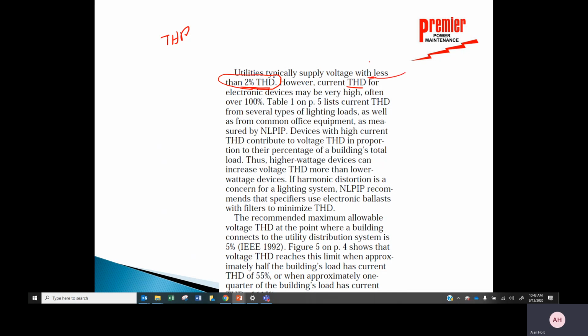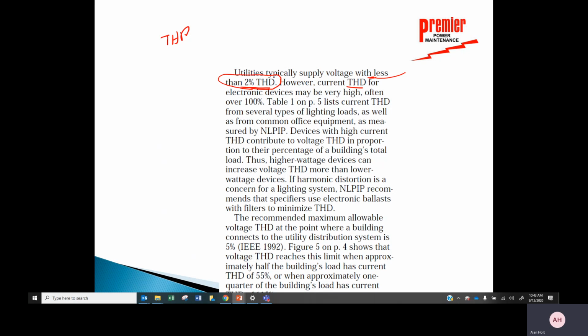Now, in theory, there's an infinite supply to your company or your business or your factory or your steel mill. So in theory, you couldn't do anything to harm that. But in reality, we can impact that. And in reality, I have my own little separate electrical system that I can have lots of distortion, both voltage and current wise, on my little system.